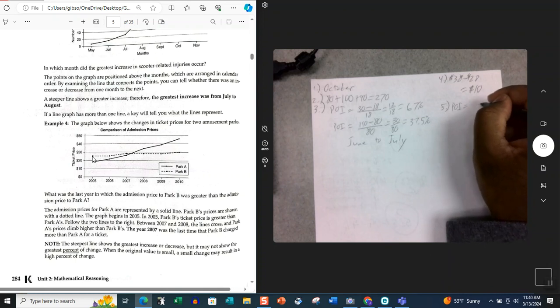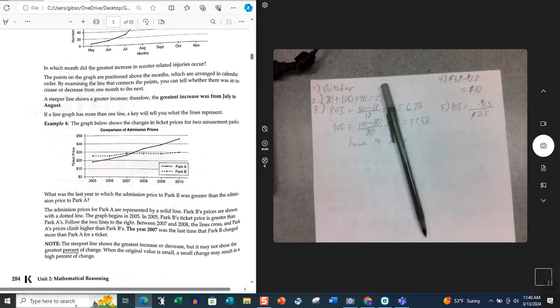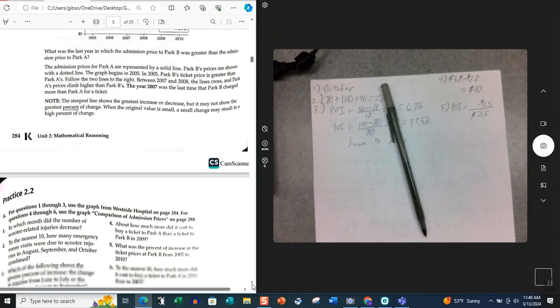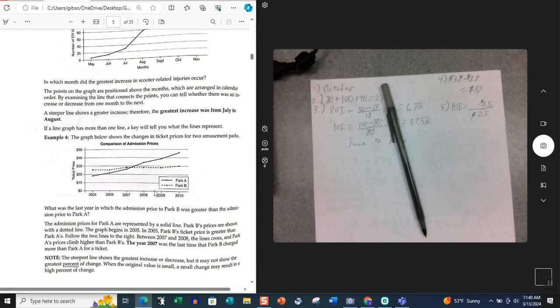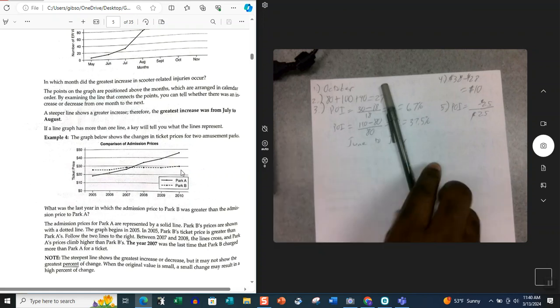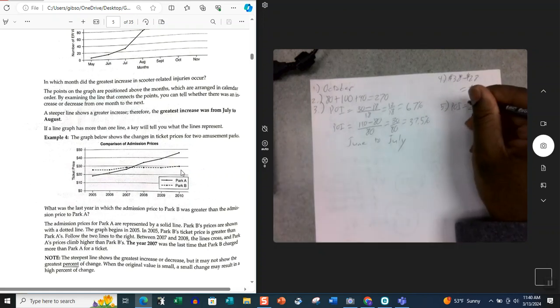So $25 is the old. Now the new, that was 2005, and we wanted to go to 2010 for Park B.